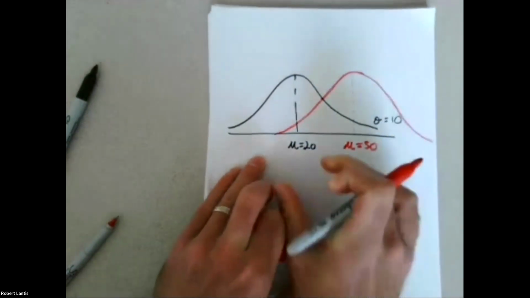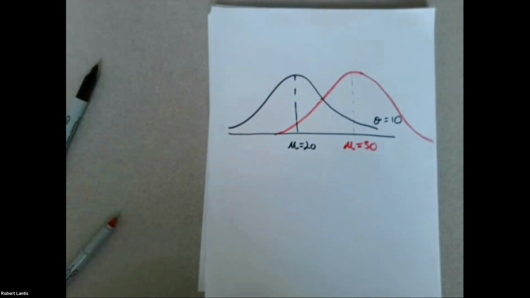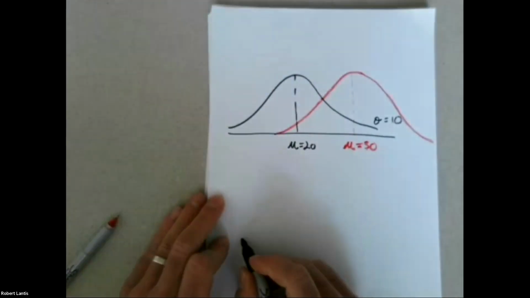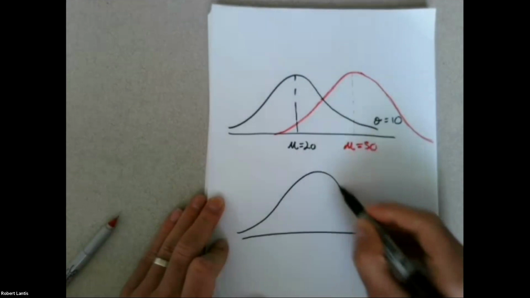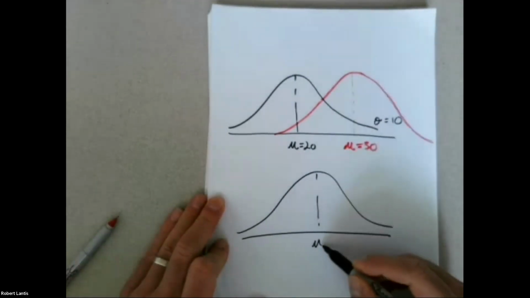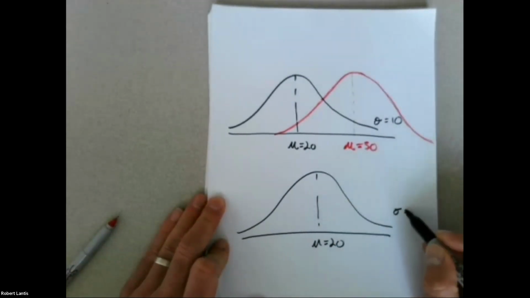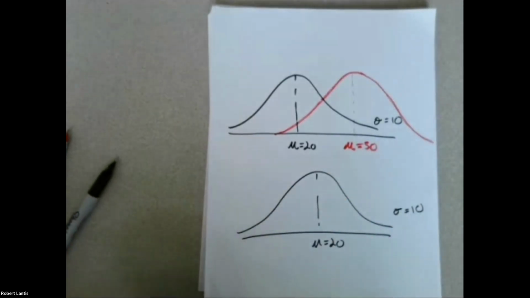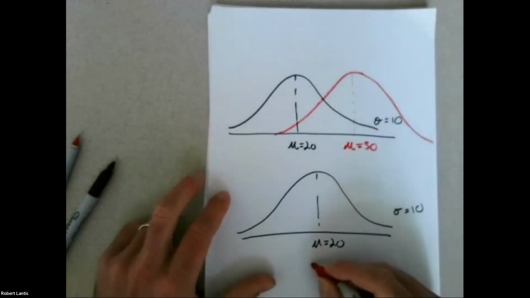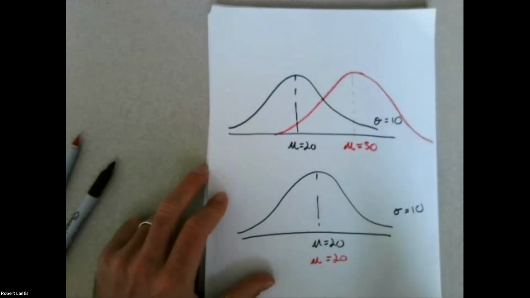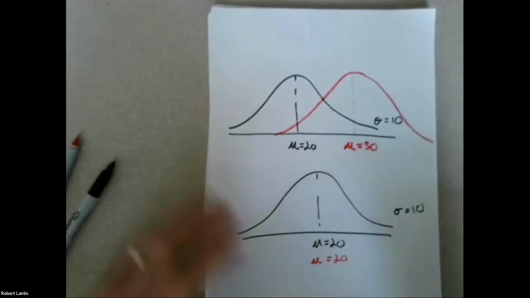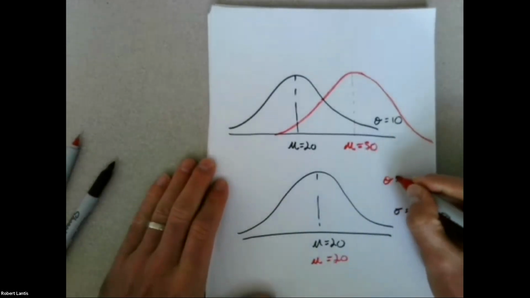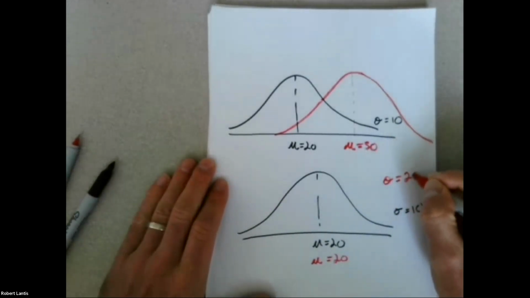differences in the mean just shift my distribution. Okay. If I've got different variances, so let's say I had a distribution with a mean of 20, standard deviation of 10. If I had a different distribution where the mean was 20, but it had a standard deviation of, I don't know, let's say also 20.